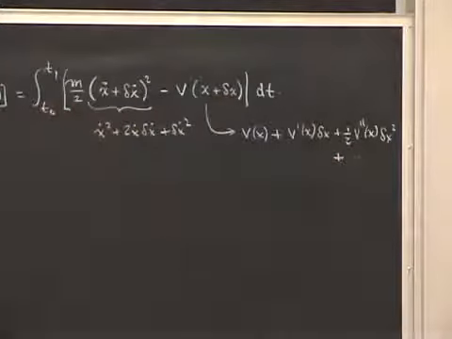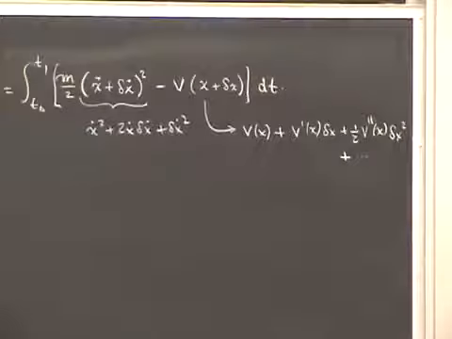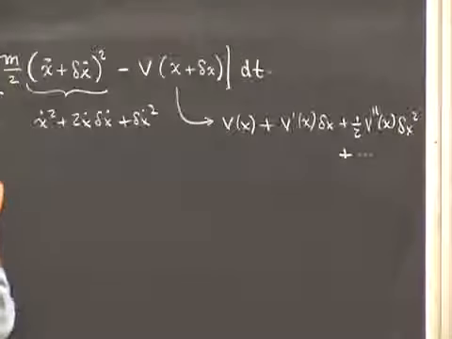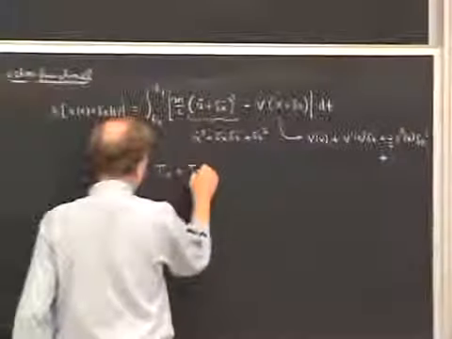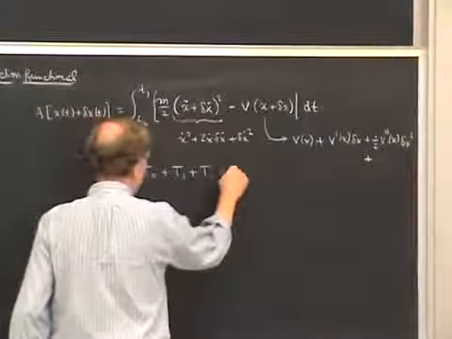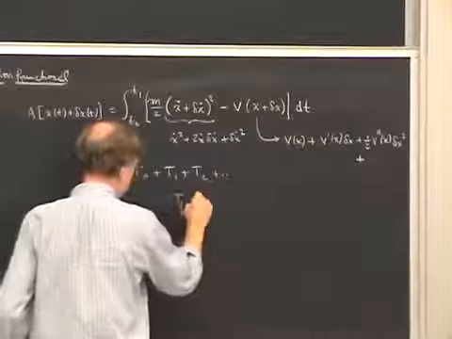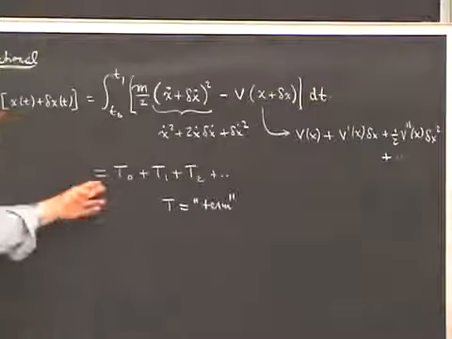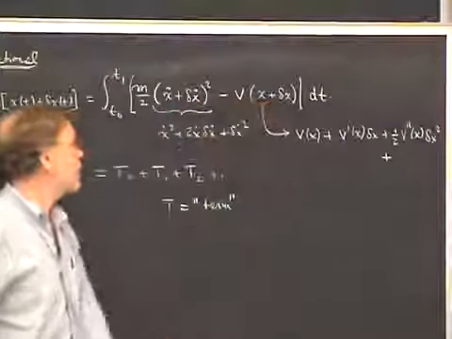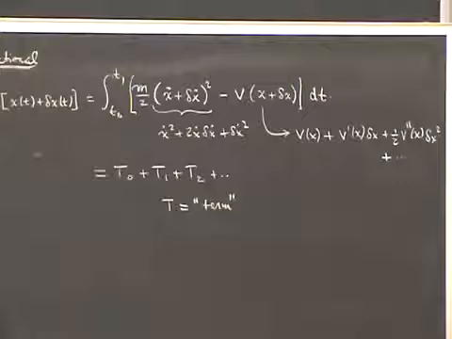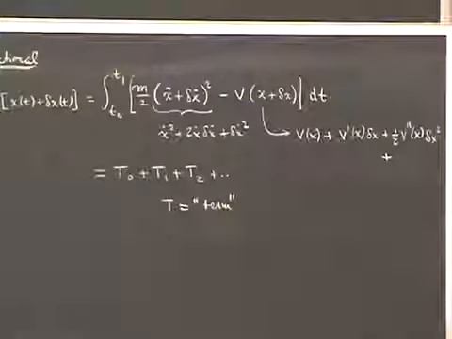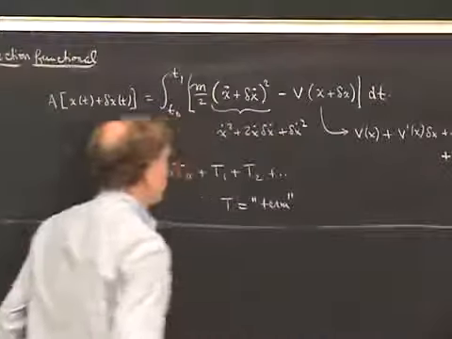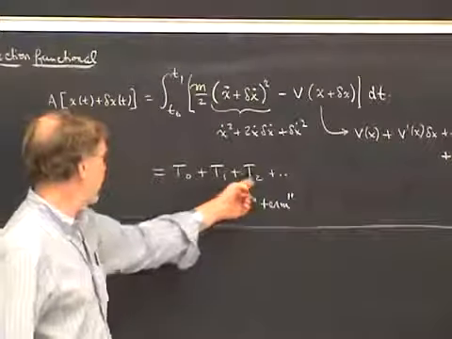So we can expand out the integrand in powers of delta x, and then let's collect the terms by orders in delta x. Let's call the terms T0 plus T1 plus T2 plus dot dot dot, where T just stands for term. That's the mnemonic here. These are the terms that occur at different orders in the powers of delta x, which is like a perturbation around the original path. And so it's pretty easy to collect formulas together for what these various terms look like.